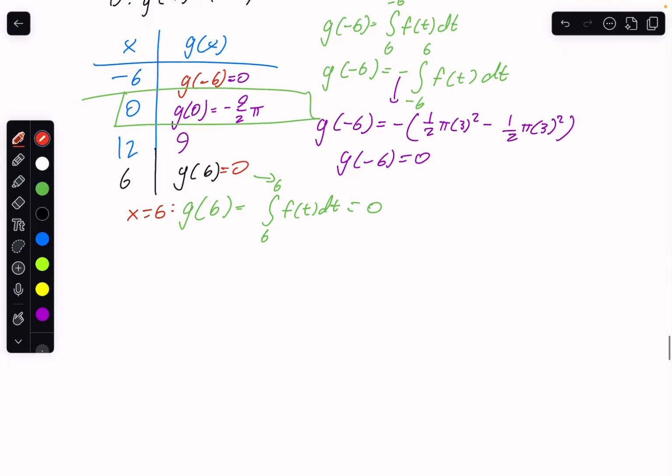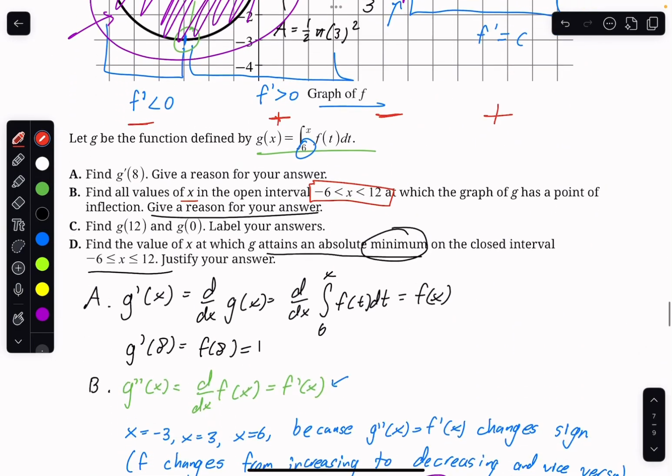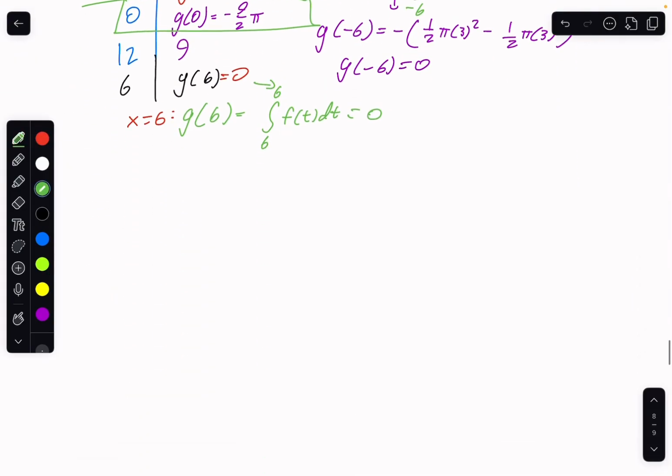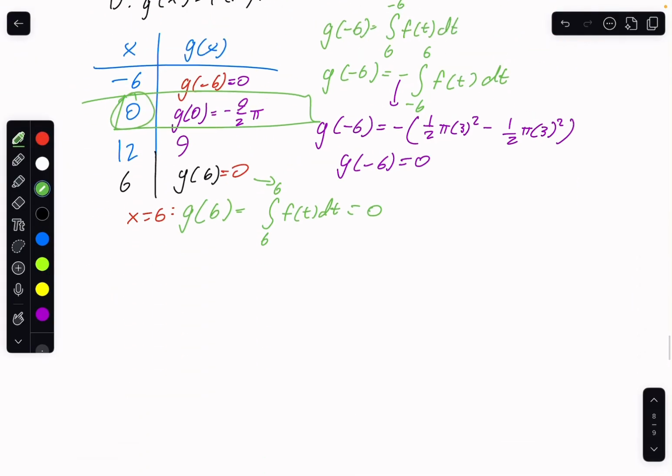So you can simply write, let's see if we're missing any part. They want justification why this is the minimum value, and they want the x value for which g attains absolute minimum. That x value is going to be x equals 0.